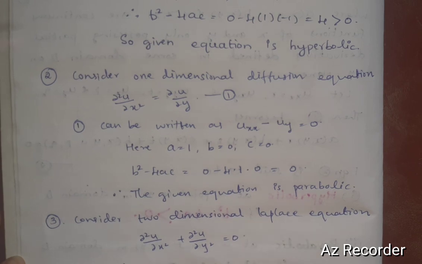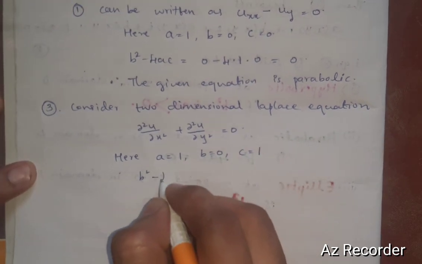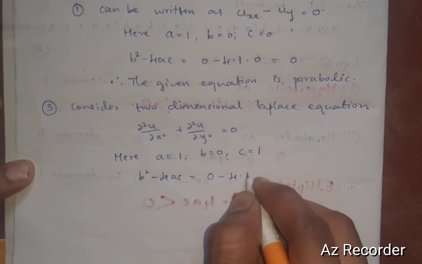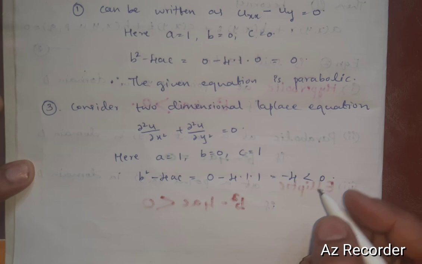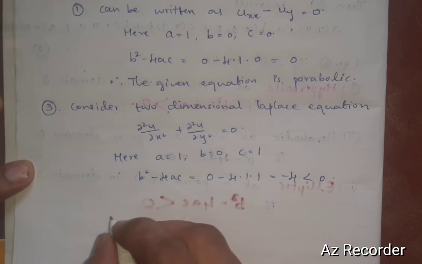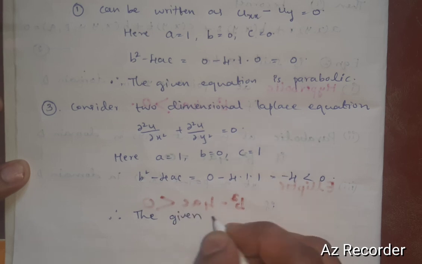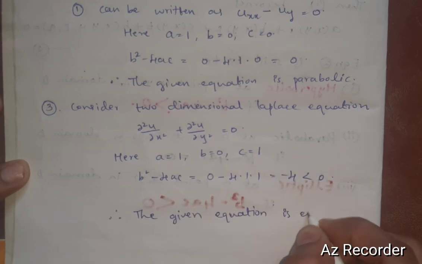So here a is equal to 1, b is equal to 0, c is equal to 1. Now b square minus 4ac is equal to 0 minus 4 into 1 into 1. You will get minus 4, which is less than 0. So the given equation is elliptic.